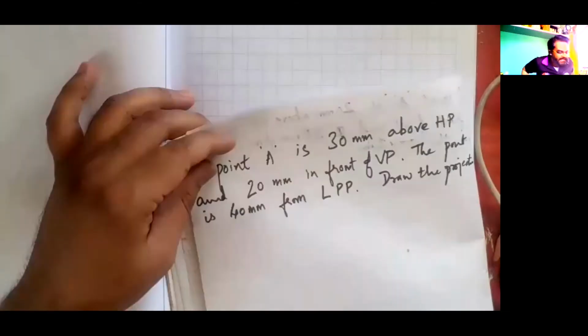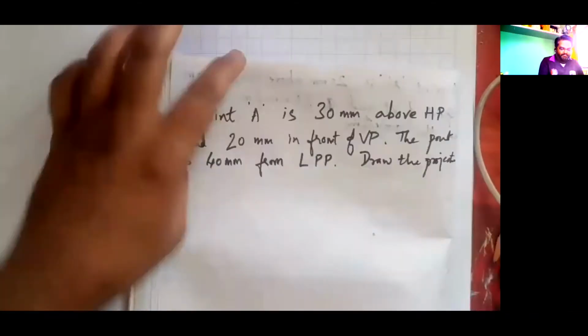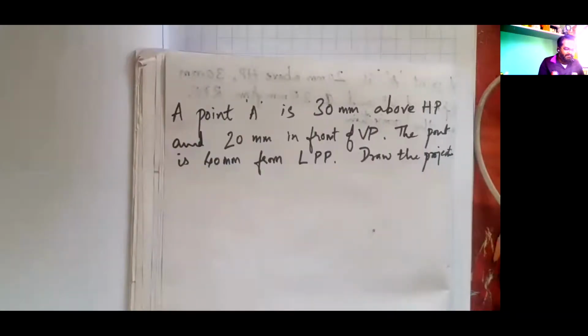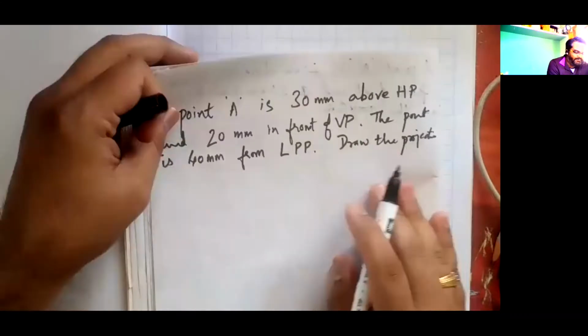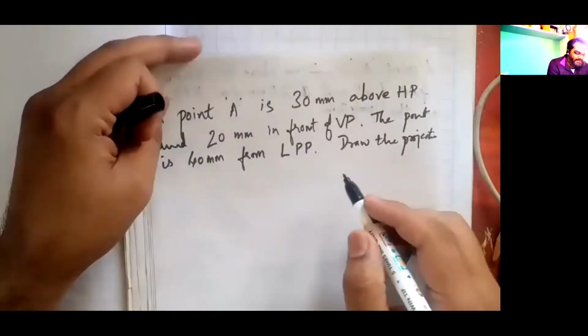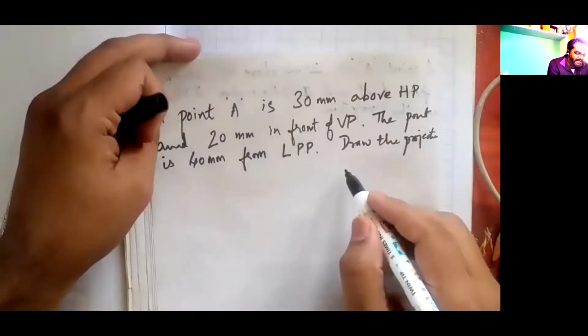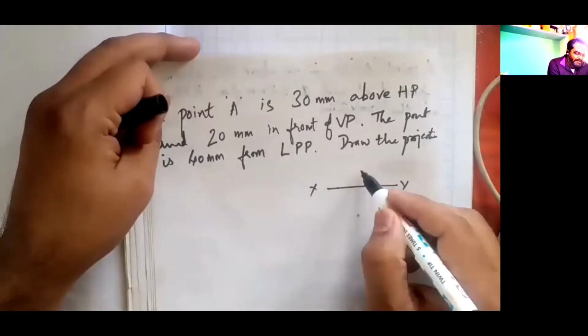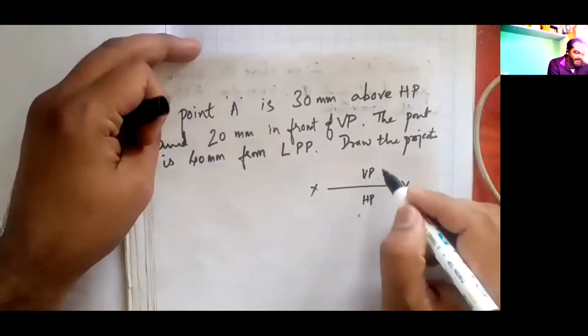Previously the case was from the right profile plane, and now it is the left profile plane. So imagine the first quadrant again. I'll draw a rough sketch. See, when you rotate the horizontal plane in a clockwise direction, I'll get VP above, horizontal plane below, and right profile plane here, like this.